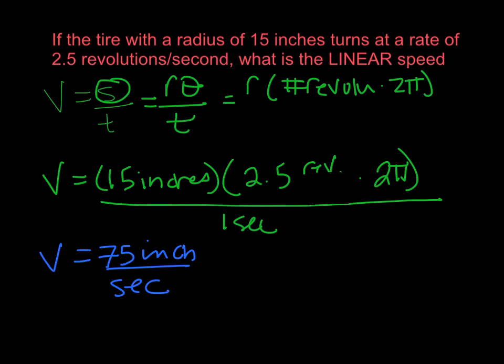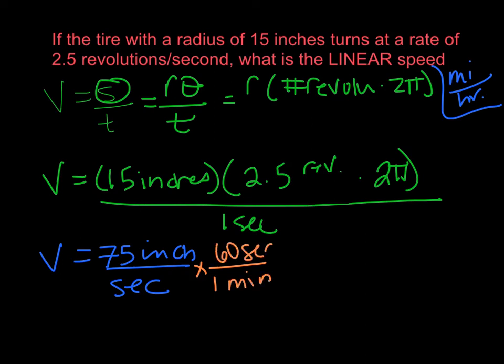And so if I want my linear speed in miles per hour, let me change colors. Let's go to orange. In 1 minute, there's 60 seconds. That way I get rid of my seconds. So now I have inches per minute, but I need miles per hour, so there's 60 minutes in 1 hour.